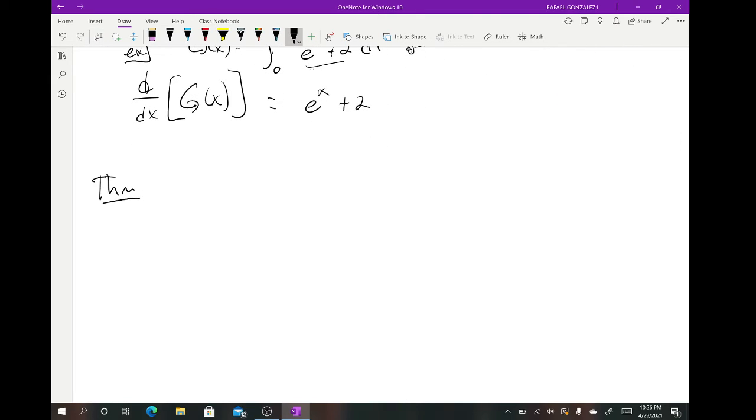So let me write the theorem. This is definitely something that's on your final exam for the course. There's always a problem like this on the final, so it's important that you know it. So this is the second fundamental theorem of calculus.